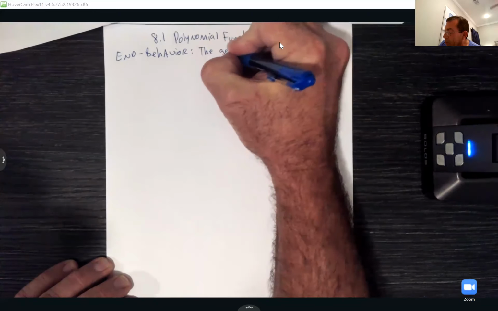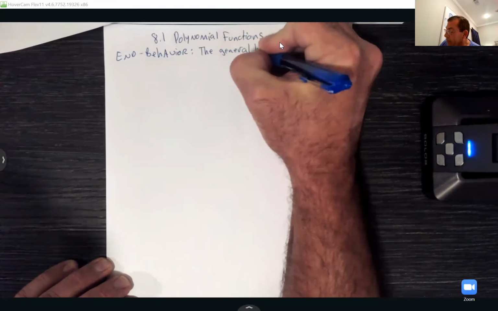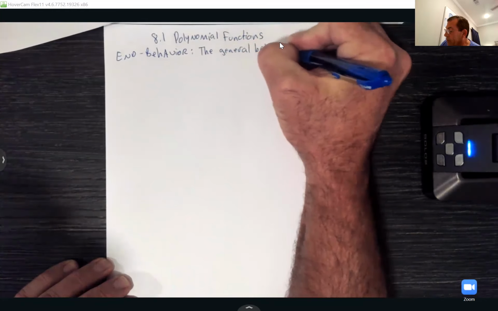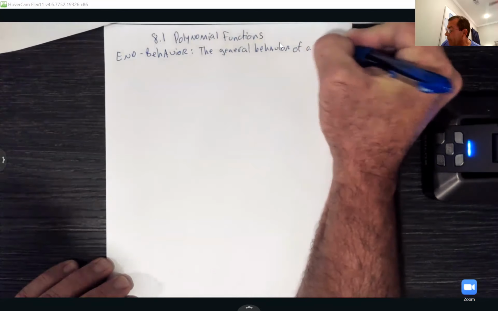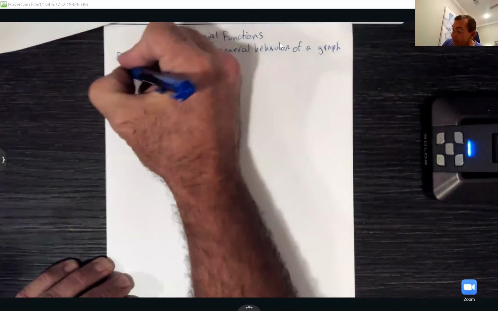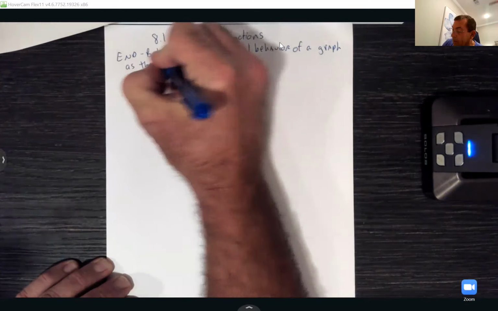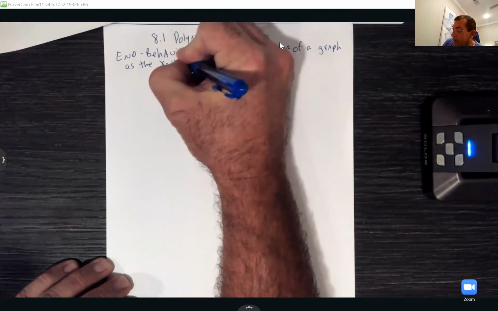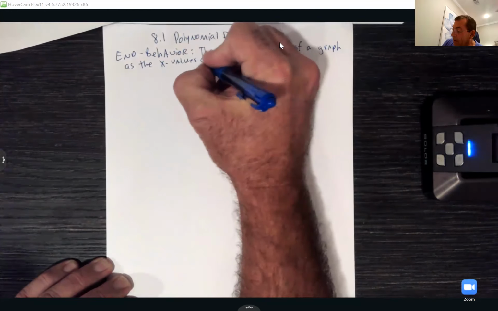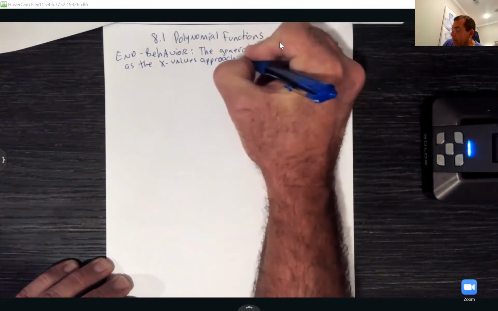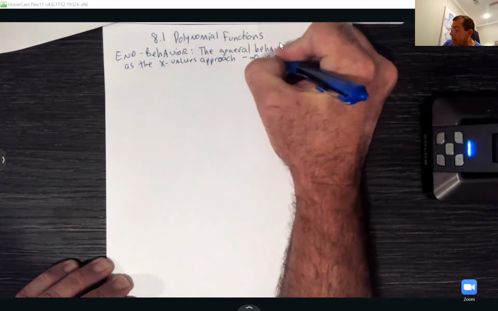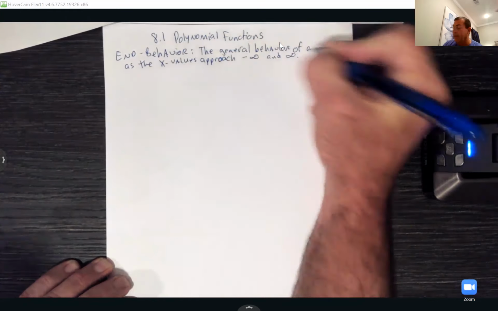So it'll be the general behavior of a graph as the x values approach negative infinity and infinity.